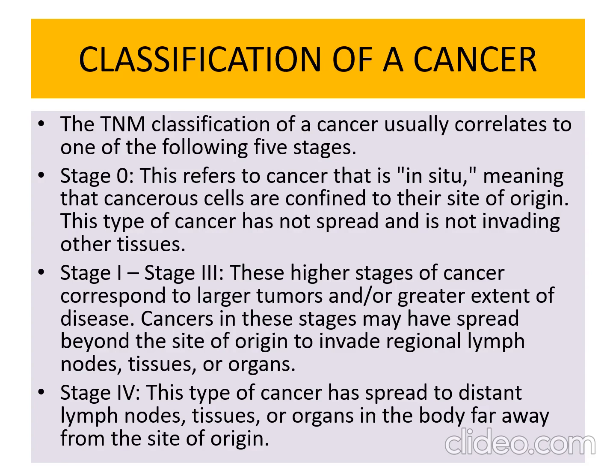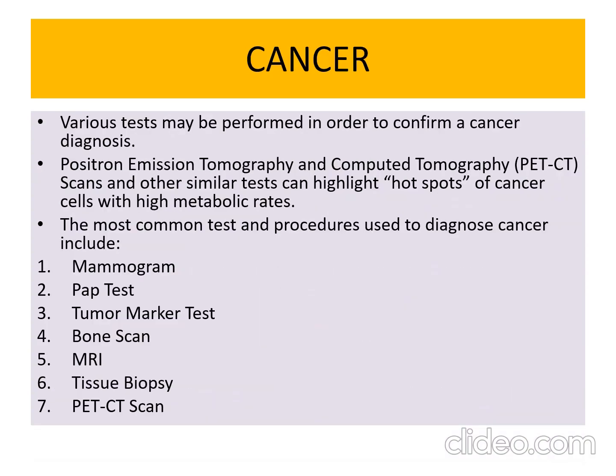Cancer in these stages may have spread beyond the site of origin to invade regional lymph nodes, tissues, or organ. And stage 4, this stage of cancer has spread to distant lymph node, tissue, organ in the body far away from the site of the origin. So these are the different stages of the cancer.